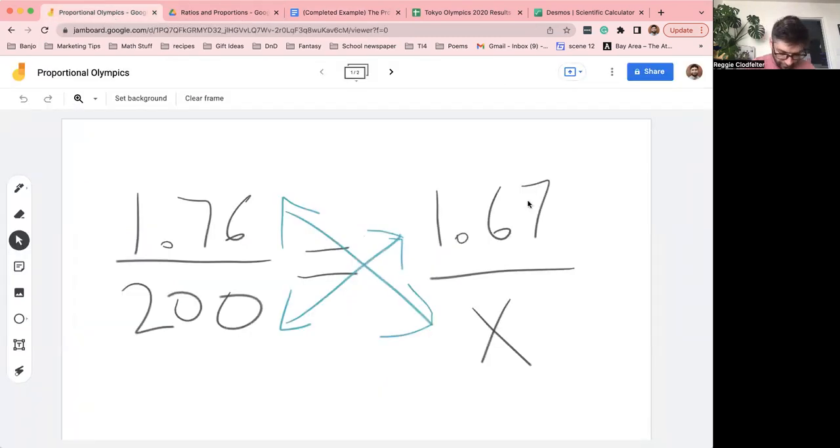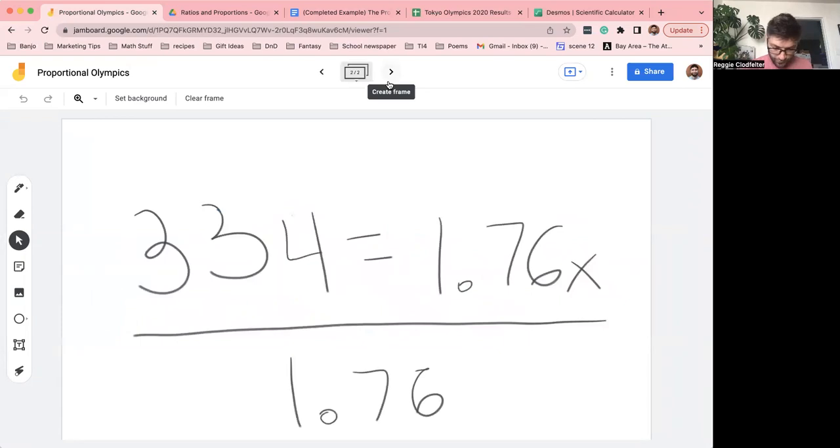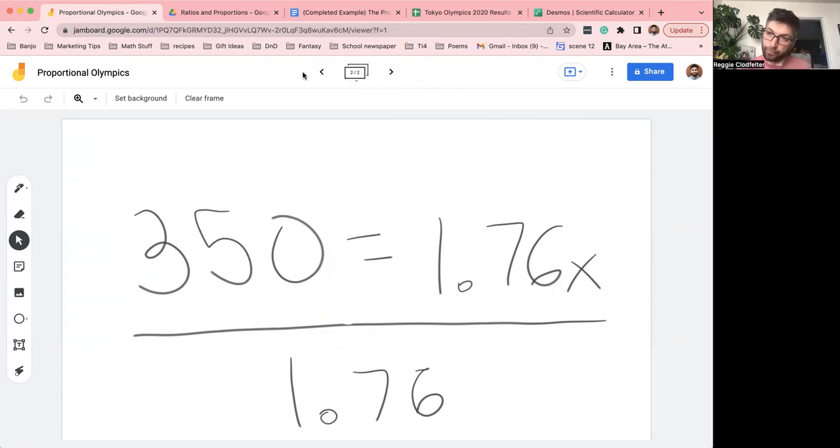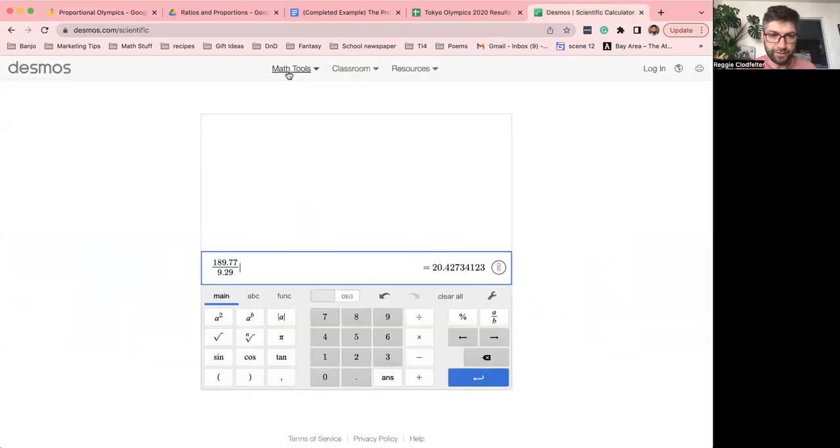Christine is very close in height to Andre, so this is going to be very close to 200. I do 200 times 1.75, which is 350. Then 1.76 times x, which is 1.76x. So I have 350 equals 1.76x, and I divide by 1.76.